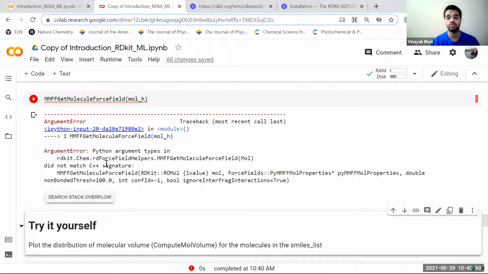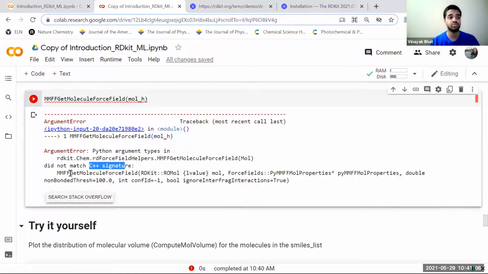Sometimes you may not know what arguments are needed for this. It says this code is written in C, and there are some functions that convert Python to C, and that's why you see a C++ thing. It requires a molecule, an RDKit molecule, force field properties, conf ID, and a double threshold.